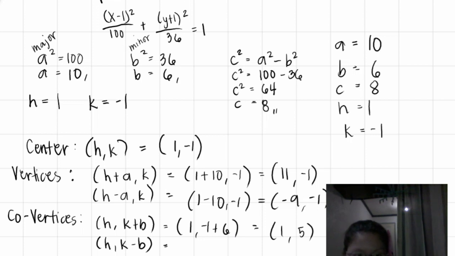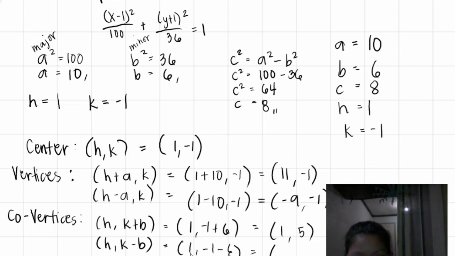Okay, so next one naman natin, h and then k minus b. So, h natin ay positive 1. And then, ang k natin is negative 1 minus, yung atin namang b ay 6. So, simplify.